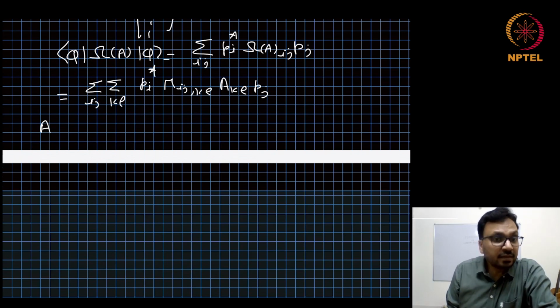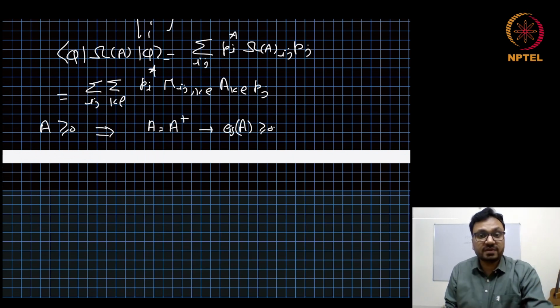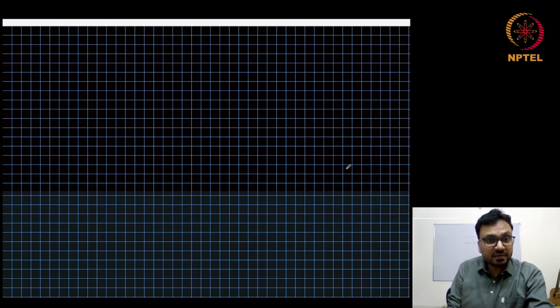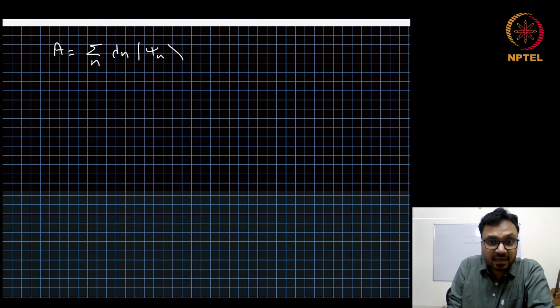Now we see that A is a positive operator, and we have already seen in the linear operator lecture that this implies that A is Hermitian and the eigenvalues of A are positive semi-definite. So we can write the spectral decomposition of A, which is the sum over n of lambda n psi n psi n star. From here we can calculate the kl element, which will be the sum over n of lambda n psi n k psi n star l.